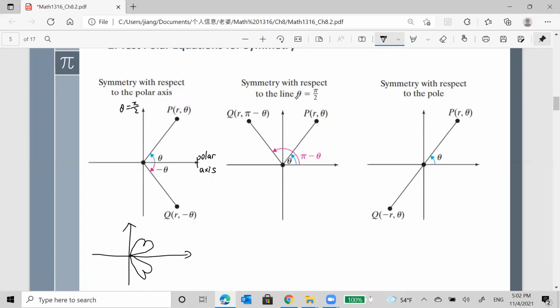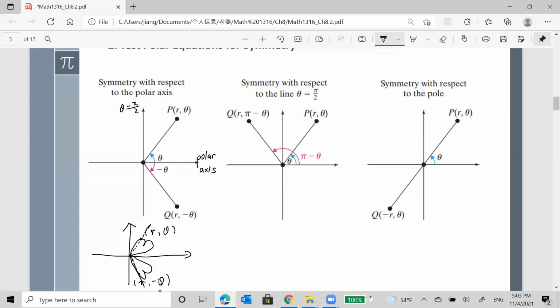That means I have a point here, for example, this point is (r, theta), and then another point here is (r, negative theta). Why? Because the distance from here to here must be r, and the distance from here to here is r. But for the angle, this theta is from the initial side to this terminal side. So I just draw a dashed line. This is theta. And for the point here, from the initial side to this terminal side is negative theta.